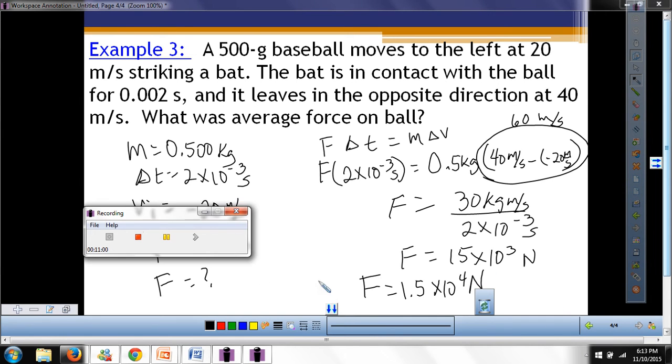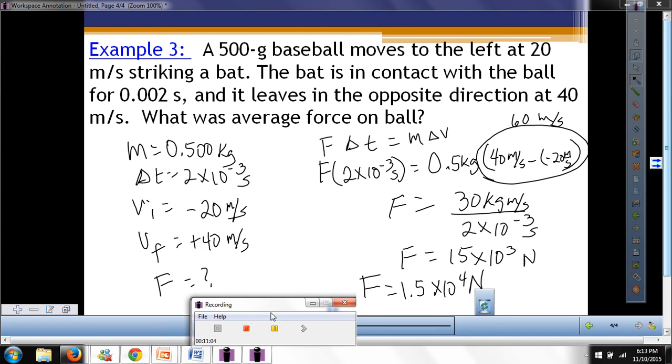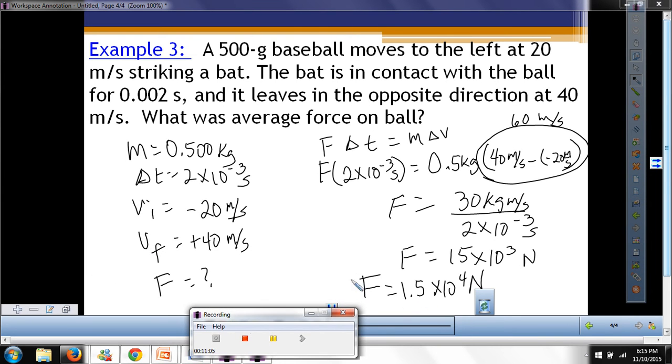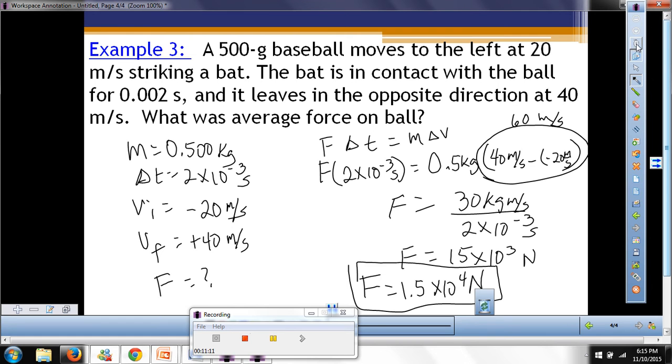Okay, so you can pause it if you need to, but that's what's going to be my average force.